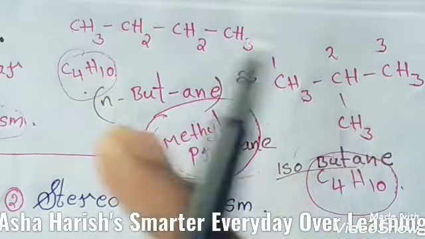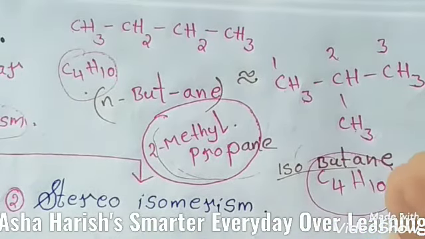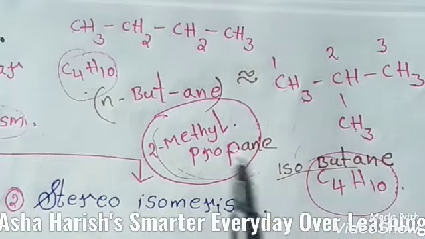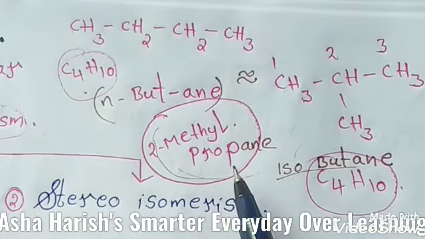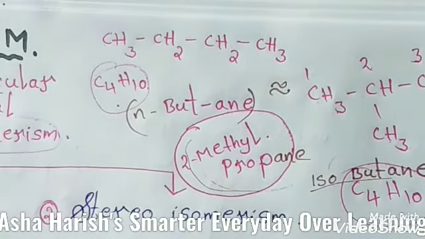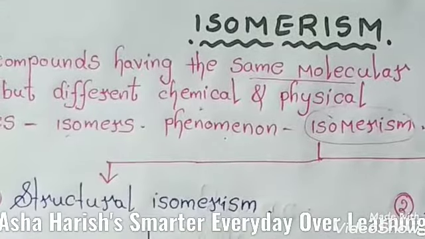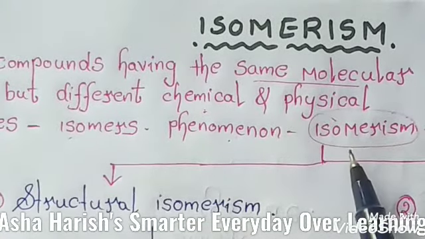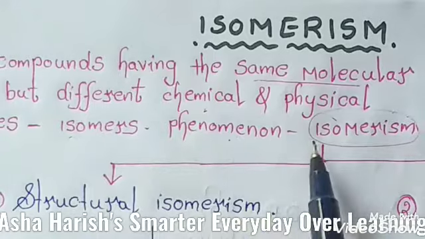Compounds which have the same molecular formula but different properties are called isomers, but the entire phenomenon is known as isomerism, as I told you previously in the definition.